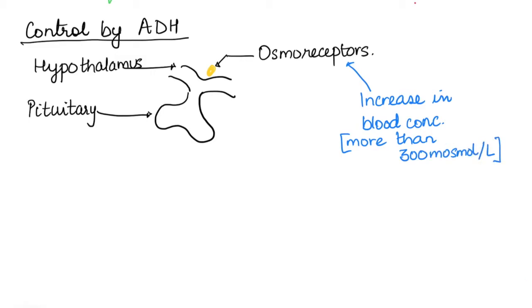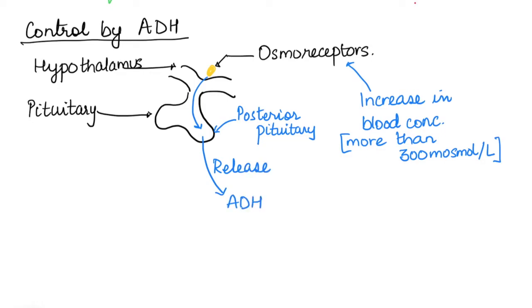That means there is less amount of water in the blood. The osmoreceptor detects this change and it signals the posterior pituitary to release ADH, antidiuretic hormone. It also simultaneously causes an increase in thirst in our body, which makes us drink more water.